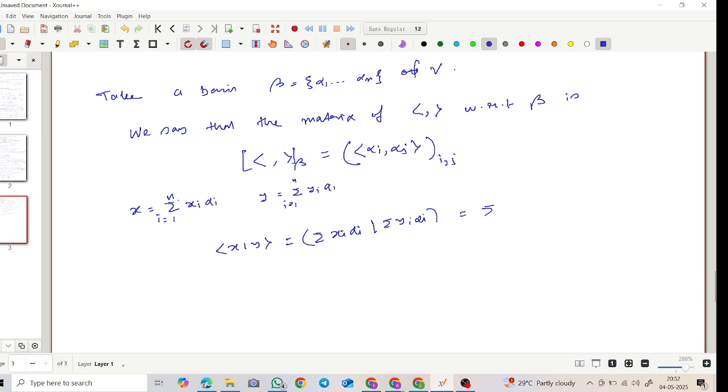Upon calculating the inner product, you will get summation over i, j of xi yj times alpha I inner product alpha j. Let's call it A.